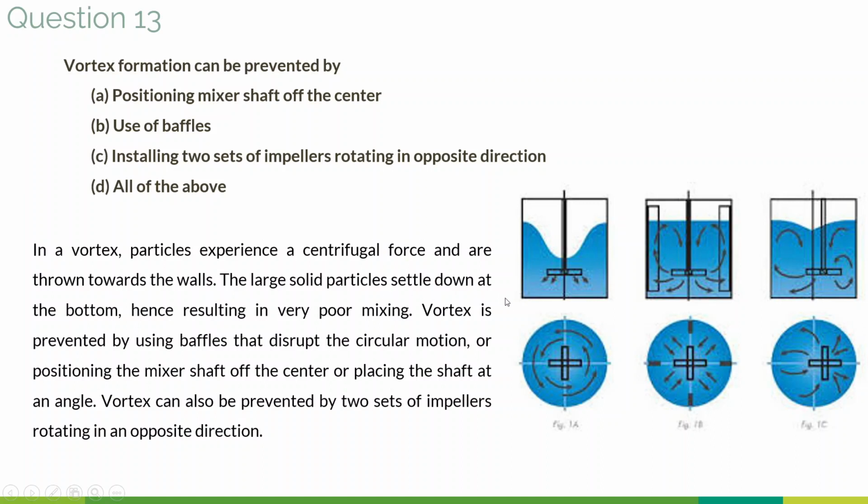The large solid particles settle down at the bottom, resulting in very poor mixing, and hence vortex is prevented by the use of baffles that disrupt the circular motion, or positioning the mixer shaft off the center, or placing the shaft at an angle. And vortex can also be prevented by the use of two sets of impellers rotating in an opposite direction. So all of these techniques can be used to prevent the vortex formation and hence to enable proper mixing. The answer to this question is option B.